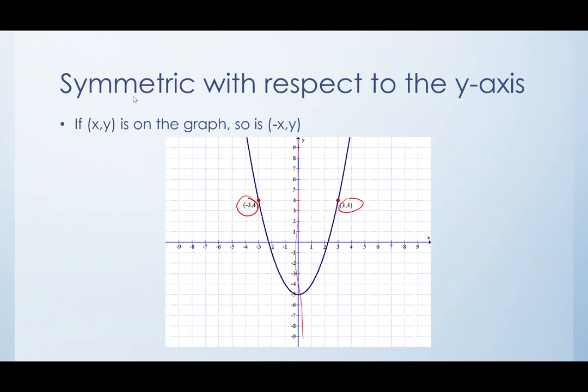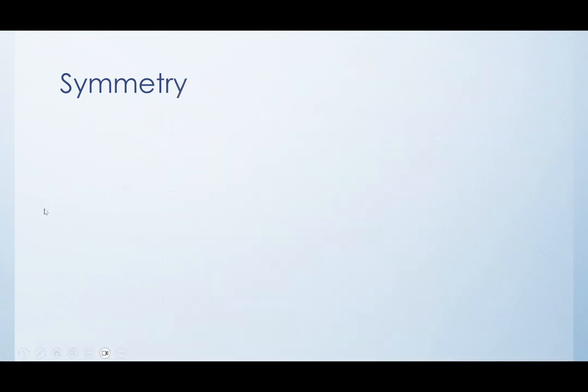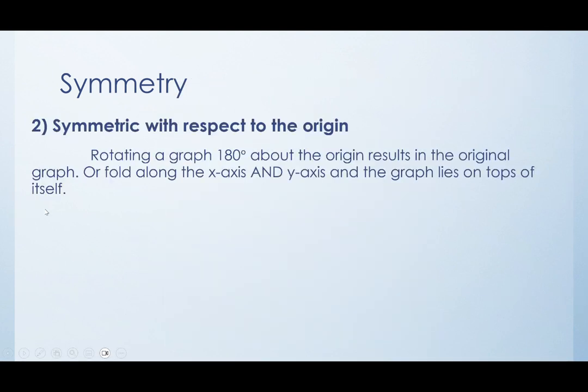So fairly straightforward. Our second type of symmetry is with respect to the origin. So this one's a little harder. This is if we rotate a graph 180 degrees about the origin and it ends up lying on top of itself.